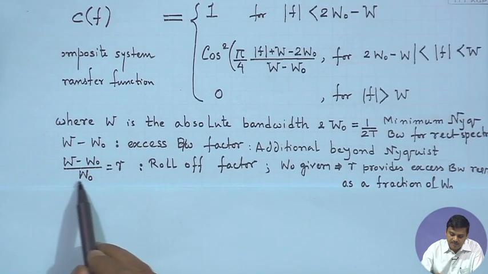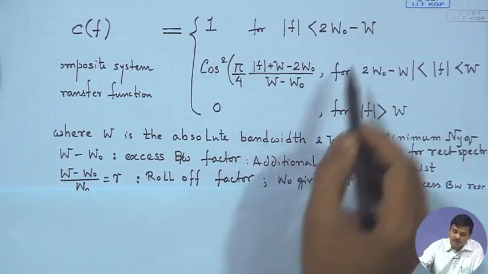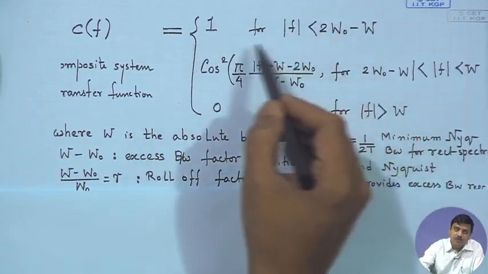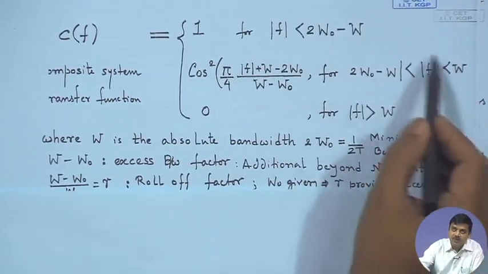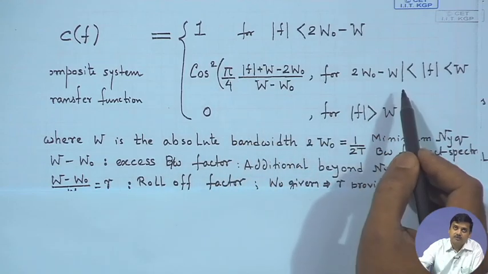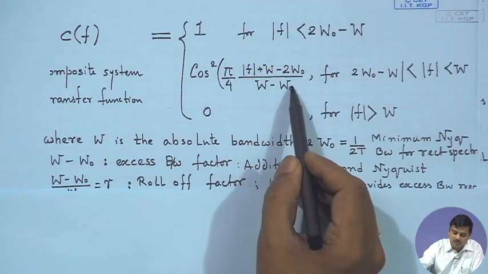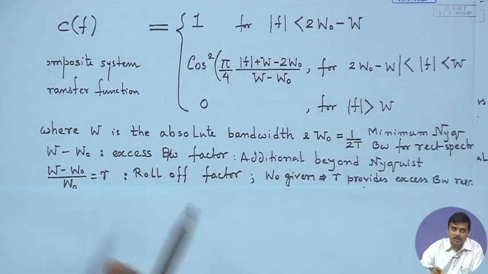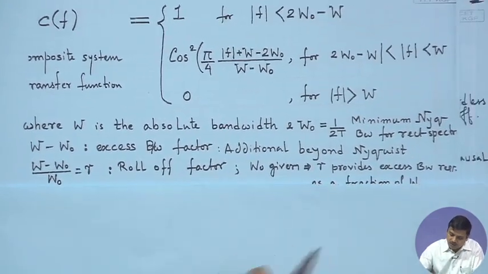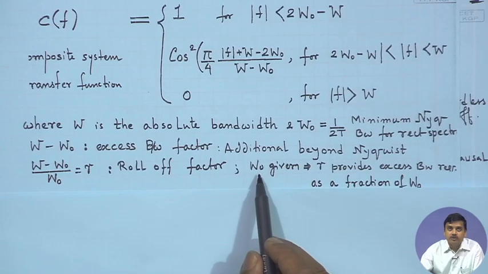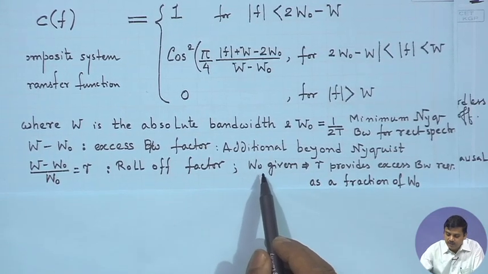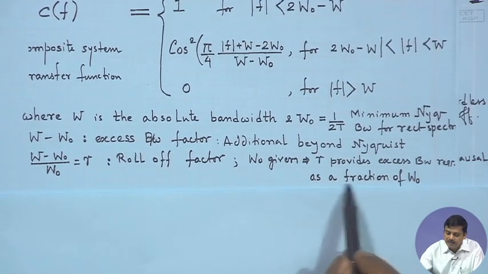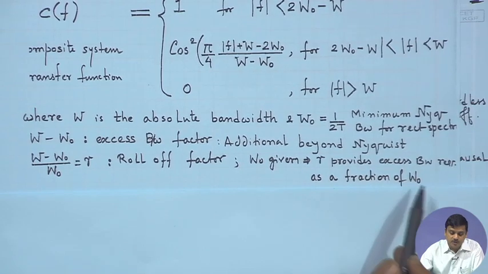So, this is a parameter. In some cases you might find this particular expression and these frequency relationships are given in terms of roll off factor, which you can also translate by bringing R into the expression by using this relationship. So, if W 0 is given, that is the Nyquist bandwidth given, R provides the excess bandwidth as a fraction of W 0, which you can clearly see.